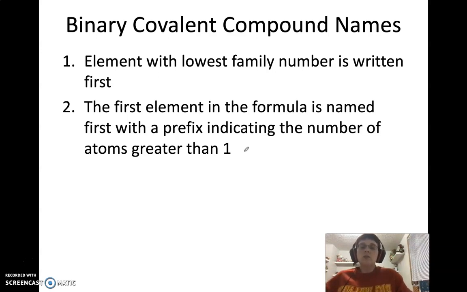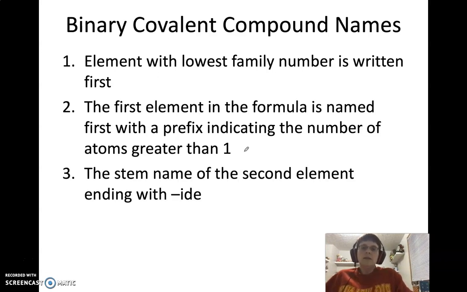But if there's more than 1 carbon atom, say there are 2 carbon atoms, you're going to have to put a prefix on it. You're going to put a di in front of that carbon, so dicarbon. The di indicates the 2 that would go in the formula if we were writing the formula from the name. I'll show you an example of that once we get done with our covalent compound name rules here.